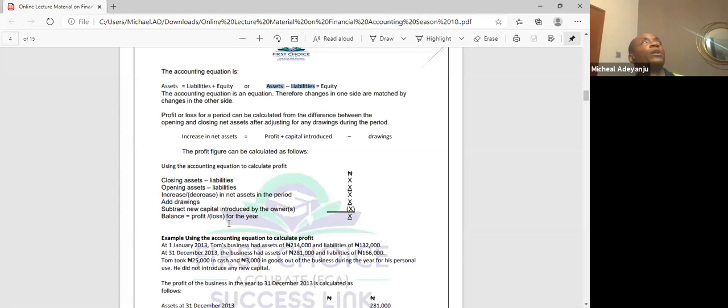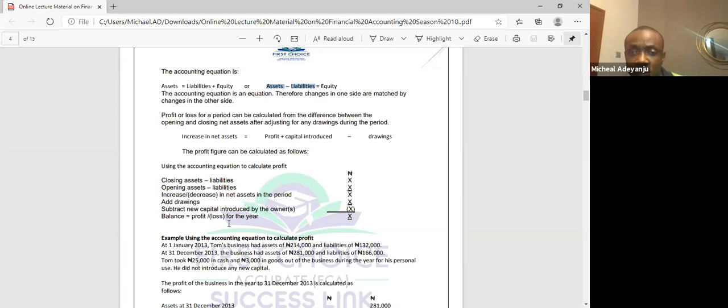So instead of going through sales minus purchases or sales minus cost of sales, where we give you gross profit minus expenses to get net profit for the year: since we cannot determine our sales nor the total expenses, we can determine our closing assets and our closing liability, same as our opening assets and liability.